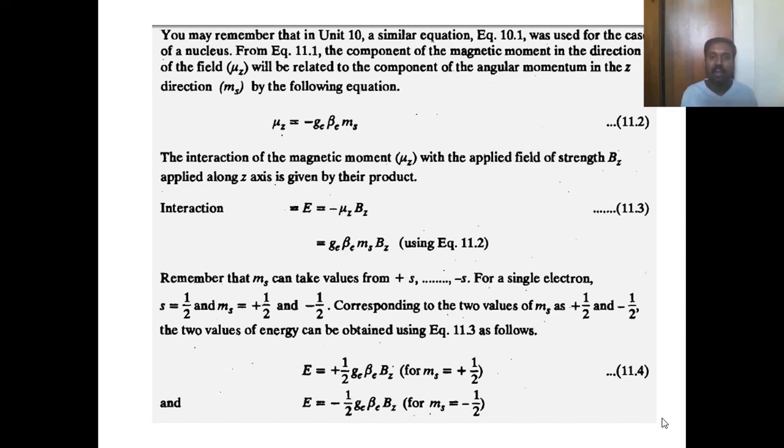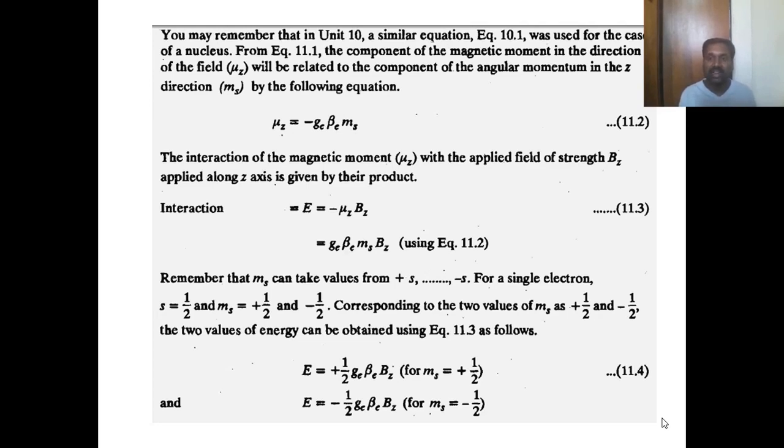Now we have the magnetic moment. This magnetic moment will also have its Z component, which is described by the interaction of the magnetic moment mu Z with the applied field of strength Bz.